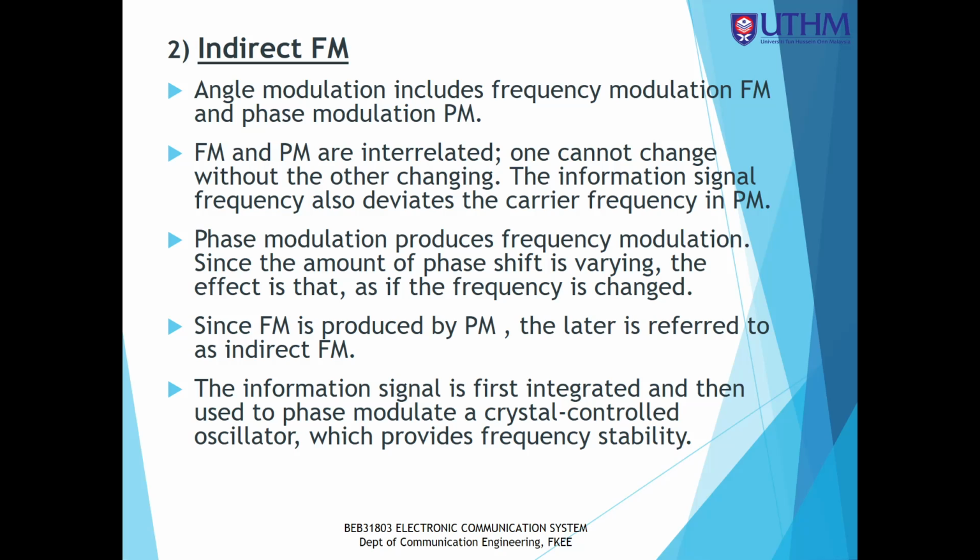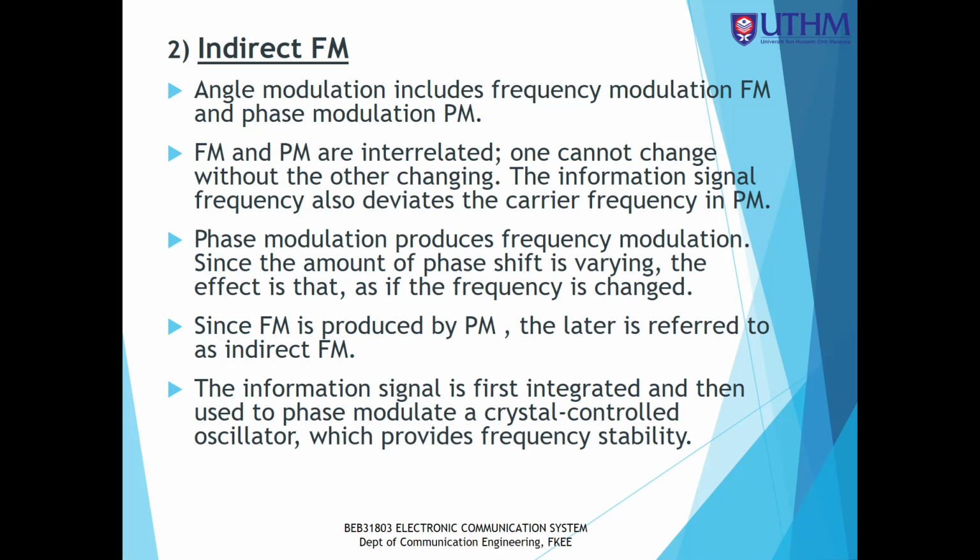That means you are doing the PM in order to produce the FM. Okay. So, dalam kes ini, you will directly change the phase of the carrier so that you can indirectly change the frequency.